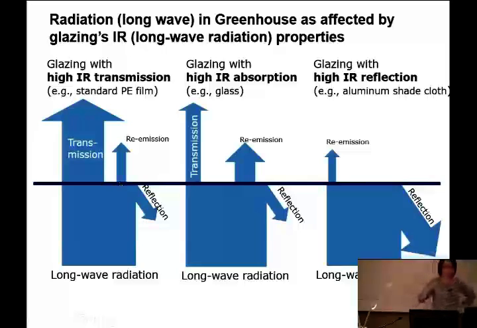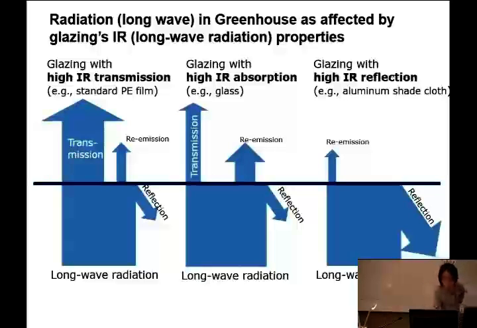So one strategy in that case is to protect against the long wave radiation transmission by using aluminum cloth. There are multiple materials available in greenhouses, and an internal shade cloth with aluminum materials included has very high reflection of long wave.